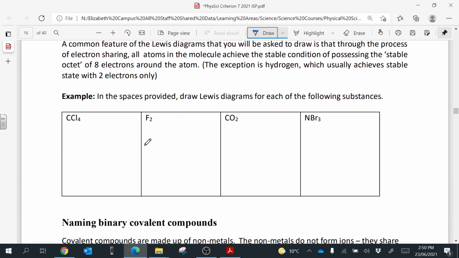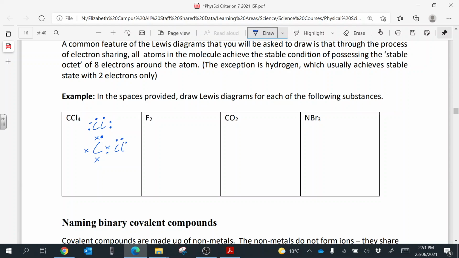In the spaces provided, draw Lewis diagrams for each of the following substances. So CCl4. You'll start to get familiar with these quite quickly, but carbon is in group 4, so it has 4 valence electrons. Just remember you can check this on your formula sheet. And then we have 4 chlorine atoms, and they all share one of their electrons.